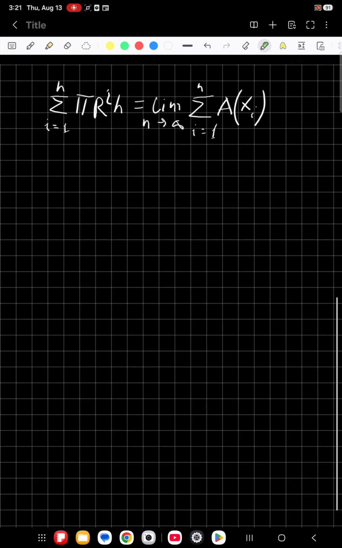So that's one way of writing it, and this is the area. Now we need to multiply it by that h. In this case we're going to call that h delta x. And just like with that concept of the area, I'm going to use that integral from a to b. I have the area A of x times dx.